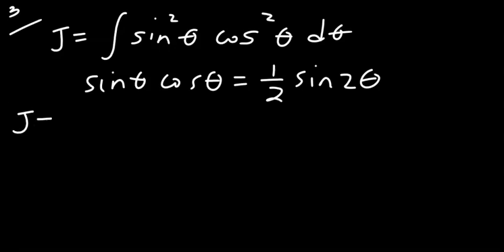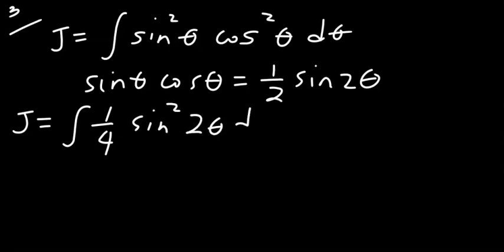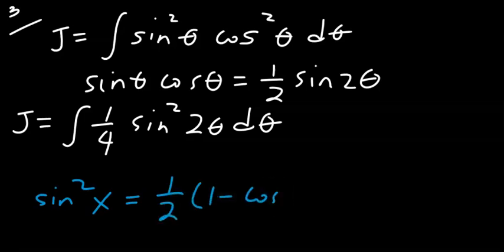Substituting this information inside of J, we get 1/4 sine squared 2 theta d theta. But we also know sine squared, let's say x, can be written in terms of cosine 2x in the following manner. Half 1 minus cosine 2x.